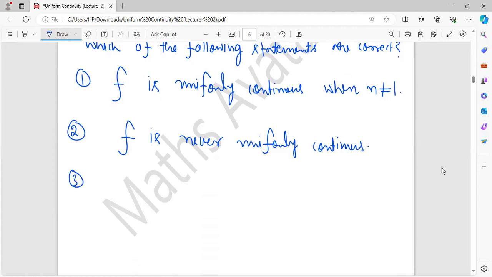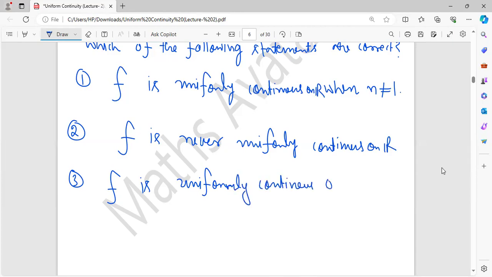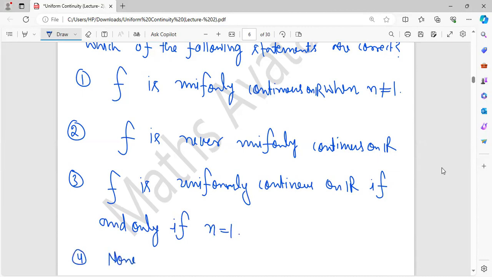Third one, f is uniformly continuous on R if and only if n is equal to 1. Fourth one is none of the above.